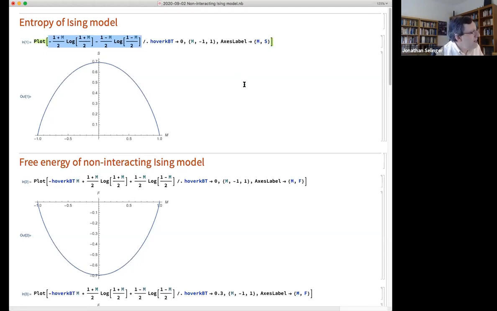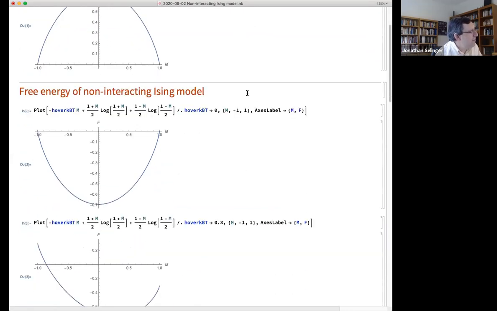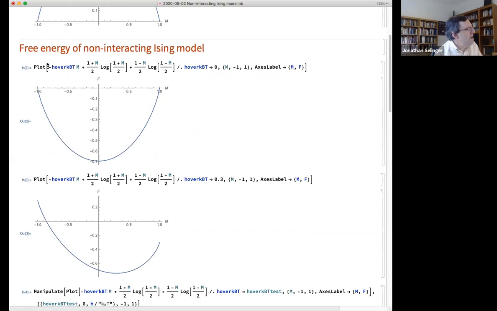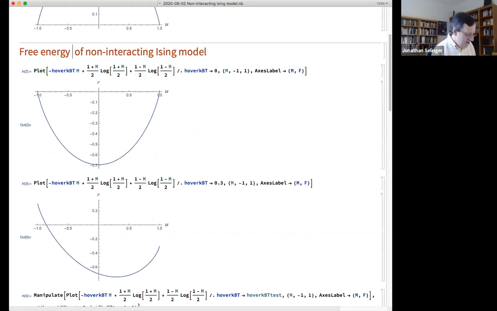So I can put that into the free energy. This is the Mathematica syntax to produce the free energy. And to be more specific, it's the free energy divided by kT. So that's a normalization in the plot. This is the free energy, which includes both the magnetic field term and the entropy term.